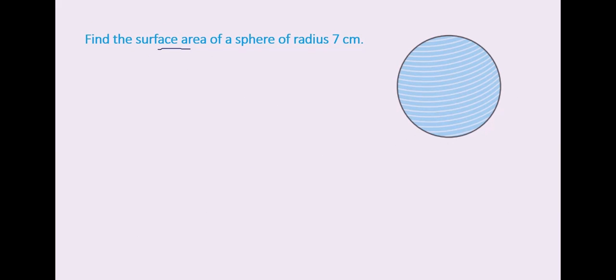Find the surface area. Curved or total makes no difference because it is a sphere of radius 7. So use the formula now. CSA of sphere. Have you remembered the formula? What is the formula? 4 pi r square. So 4 into 22 upon 7 into 7 into 7. 7 and 7 cut. 7 4s are 28.